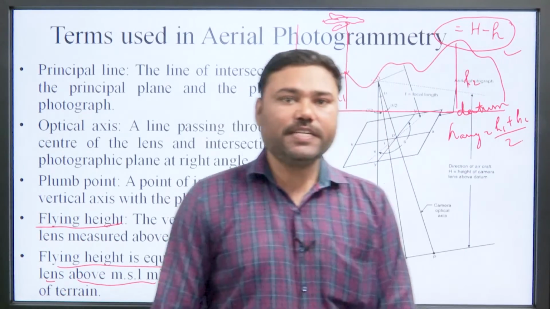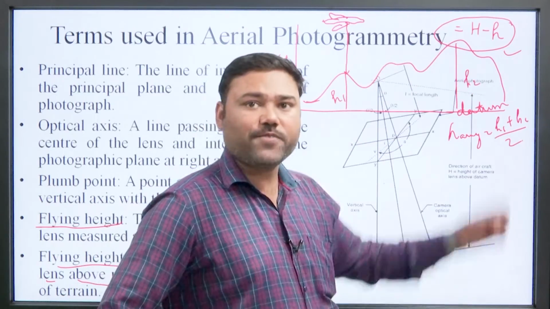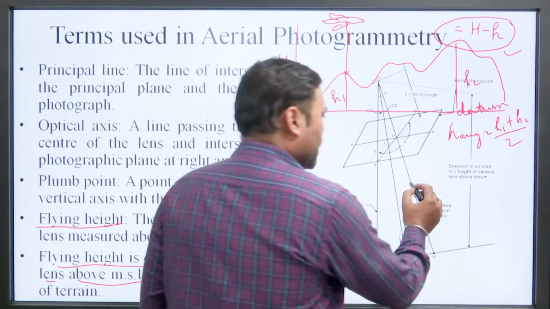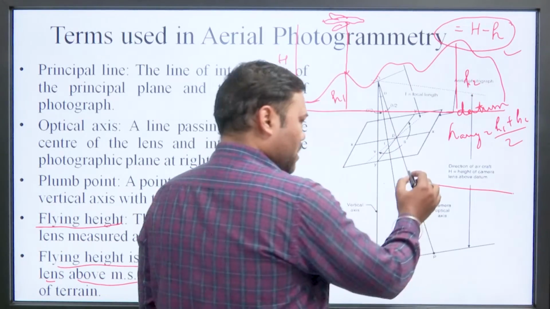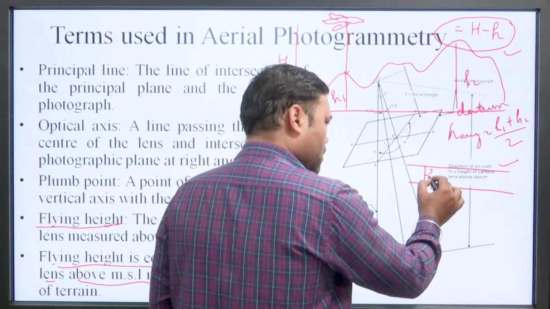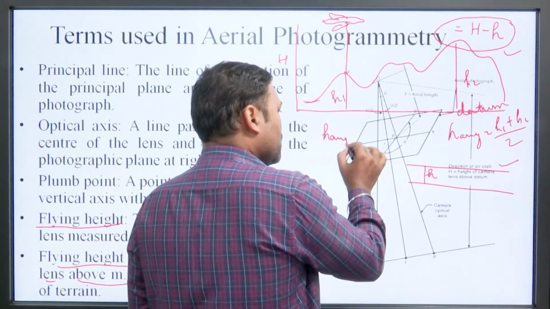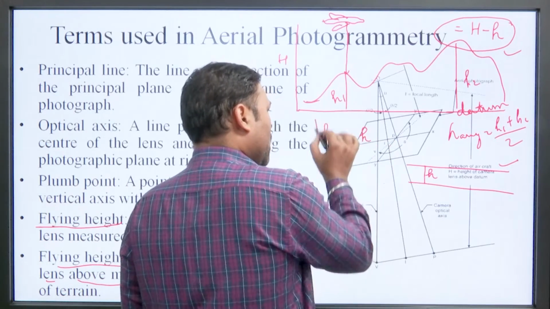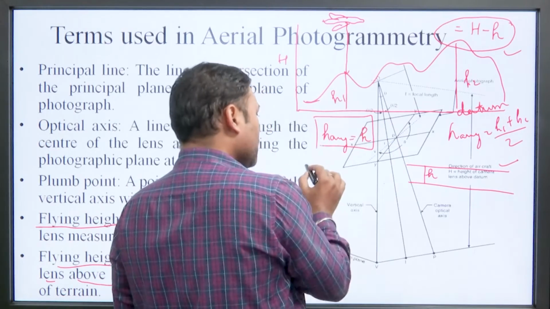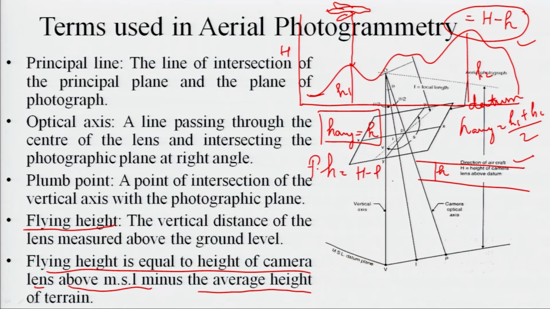Therefore, we consider an average height in the case of ground having different elevations. If the ground elevation is like this, then the average height is used. Then again, flying height can be defined as H minus h in this case, and in this case H minus h average.